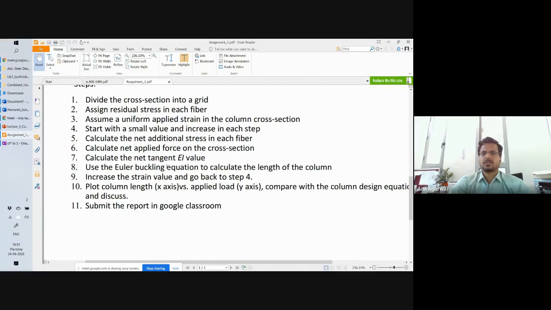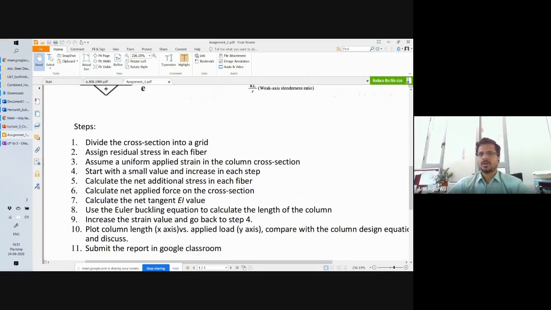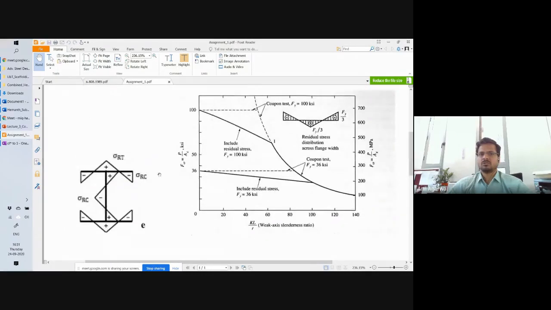And then also calculate, for the strains, you would know the stress in each fiber, and add all of those stresses multiplying with the area. You'll get the total force in the cross section. So once you match that force with pi square EI by L square, you get the corresponding length. So what you need to do is change the strain value.